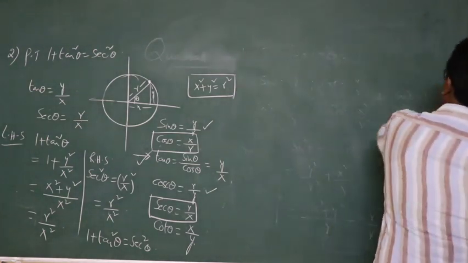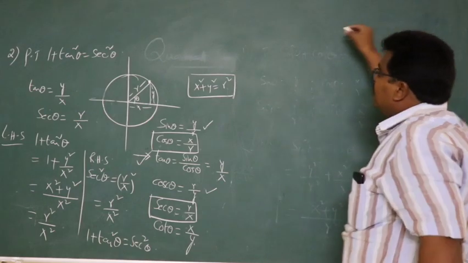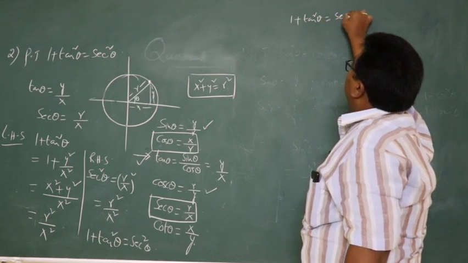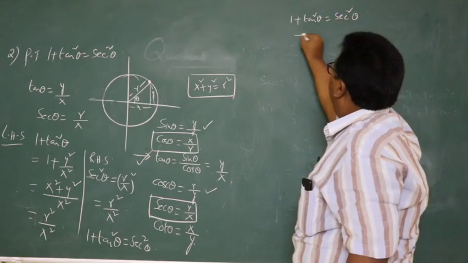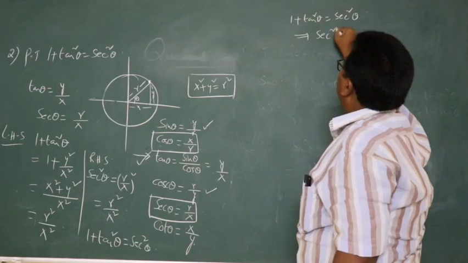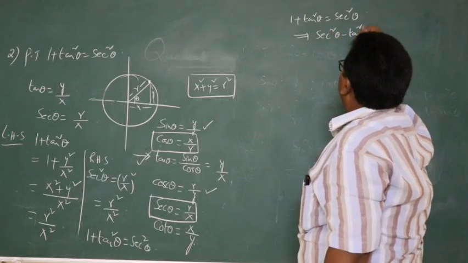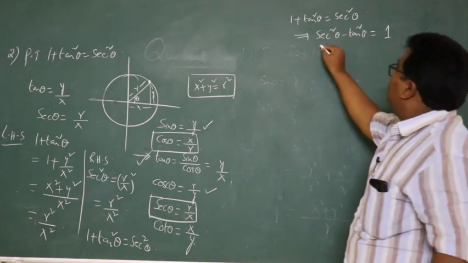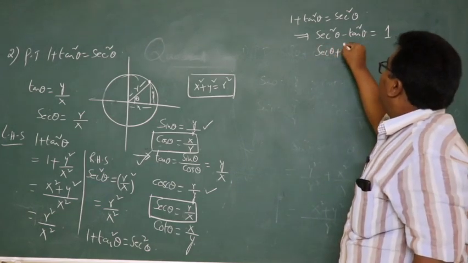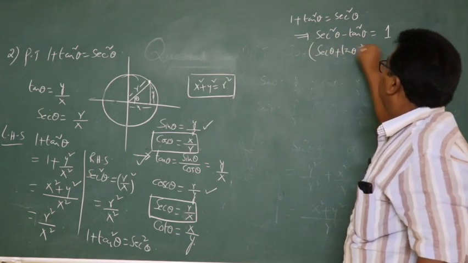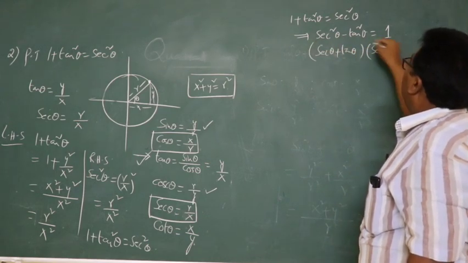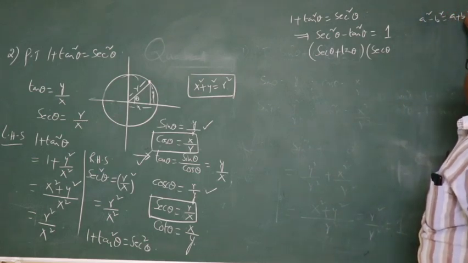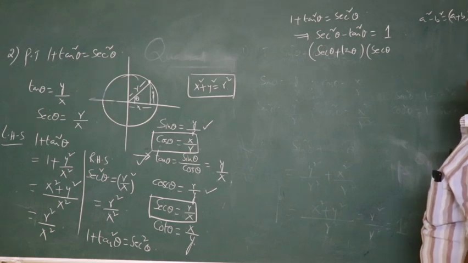So see here the next identity, 1 plus tan square theta equal to secant square theta. From this, secant square theta minus tan square theta equal to 1. We can write a square minus b square as a plus b into a minus b.